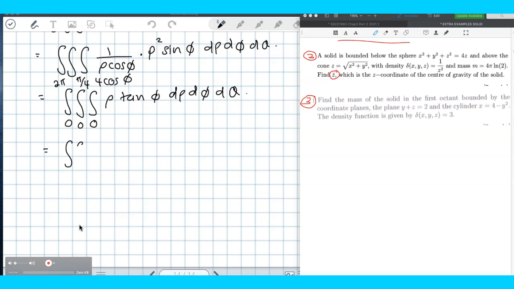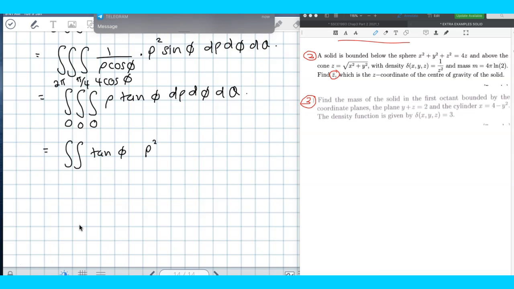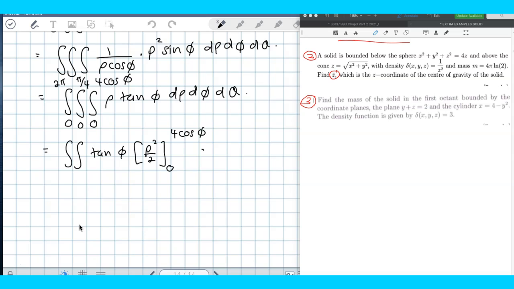First we integrate with respect to rho. So tangent phi, then you have rho squared over 2, from 0 to 4 cos phi, d phi d theta. Then I replace tangent back with sine over cos phi.